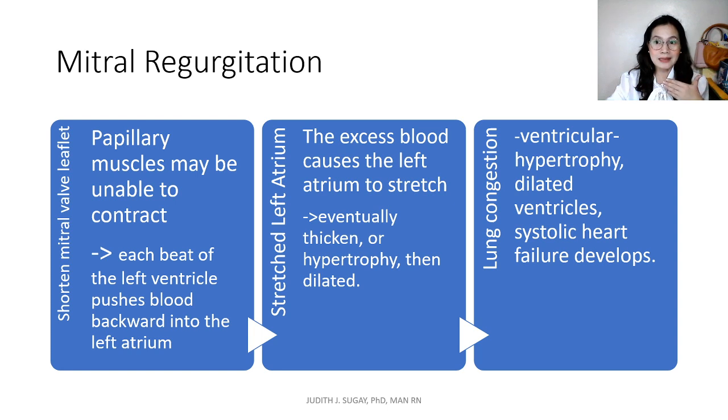It will be dilated. Then over time, this can result in lung congestion because of the fluid overload, which can cause ventricular hypertrophy, dilated ventricles, and systolic heart failure develops. So basically, chronic mitral regurgitation is asymptomatic.